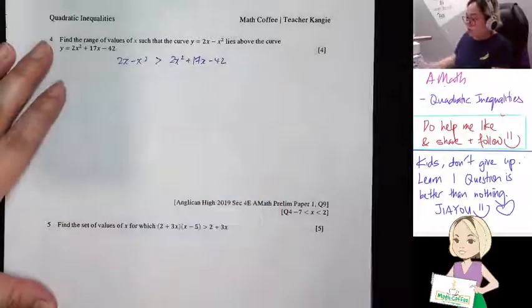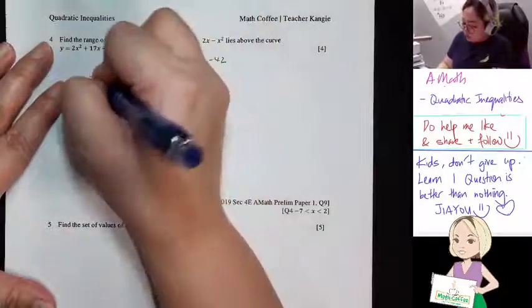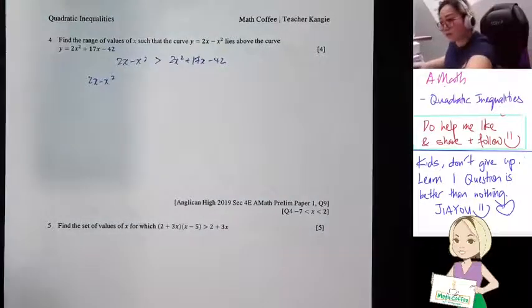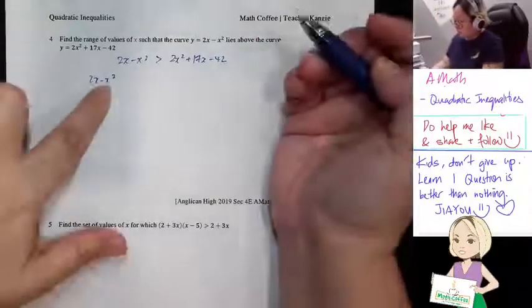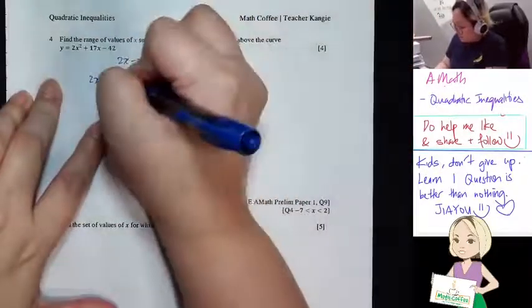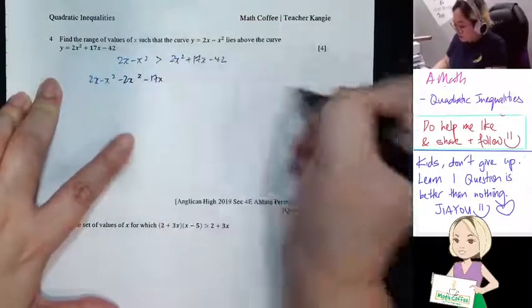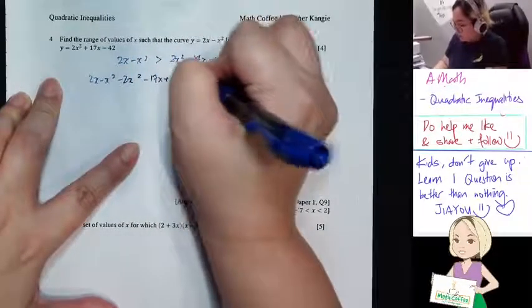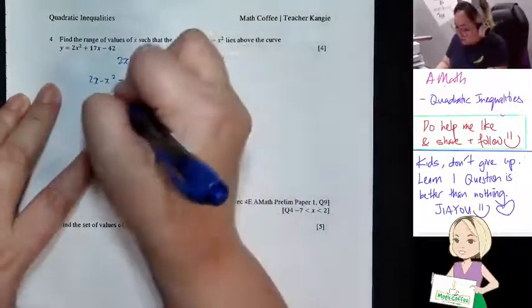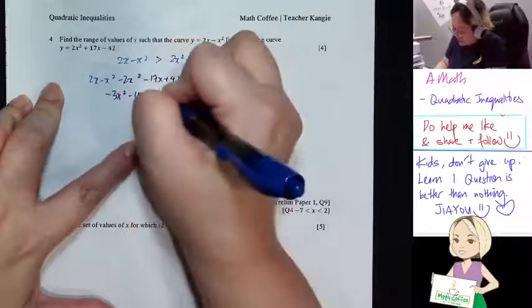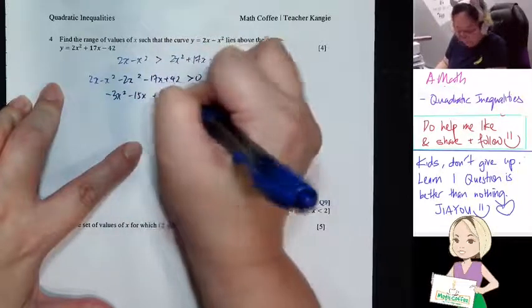So I'm going to throw everything to the left hand side. So 2x minus x squared, change that. Okay, 2x minus x squared minus 2x squared minus 17x plus 42 more than 0. So I have minus 3x squared minus 15x plus 42 more than 0.